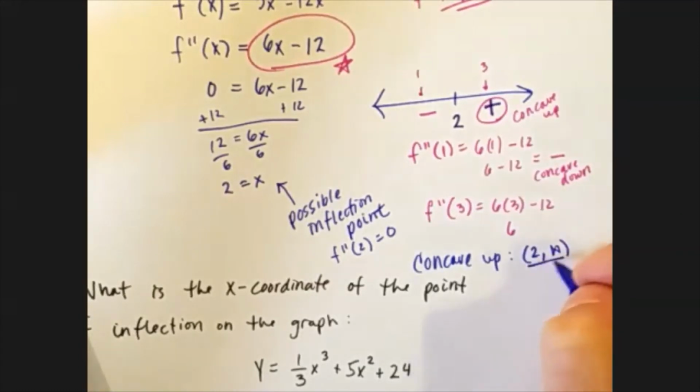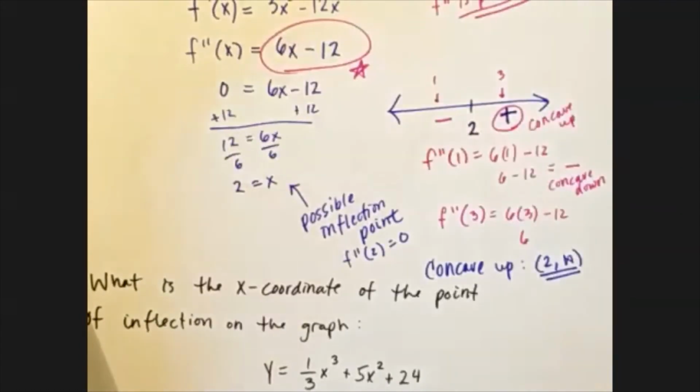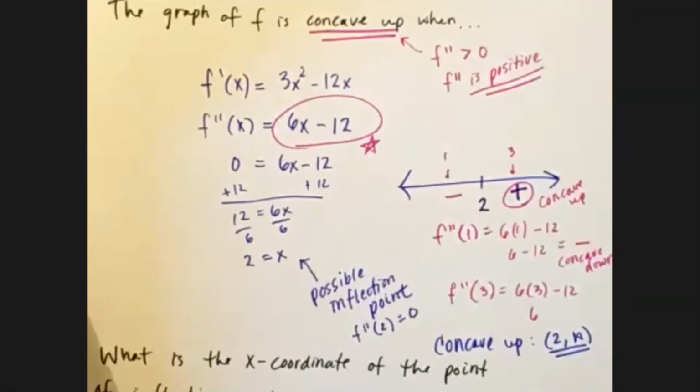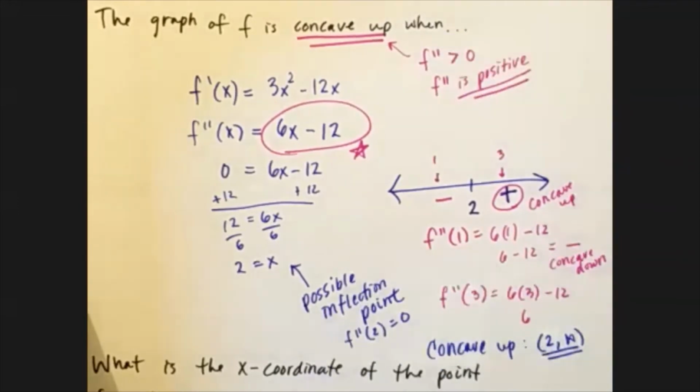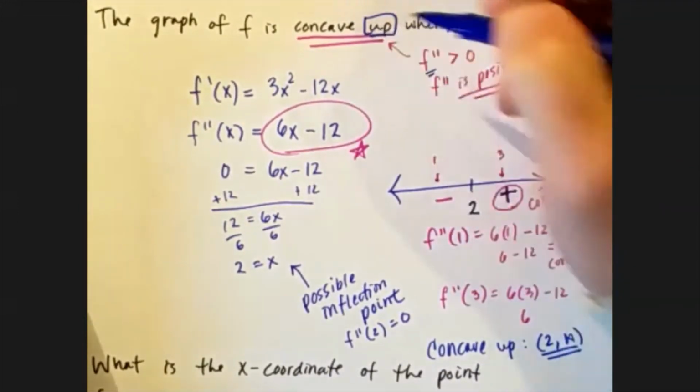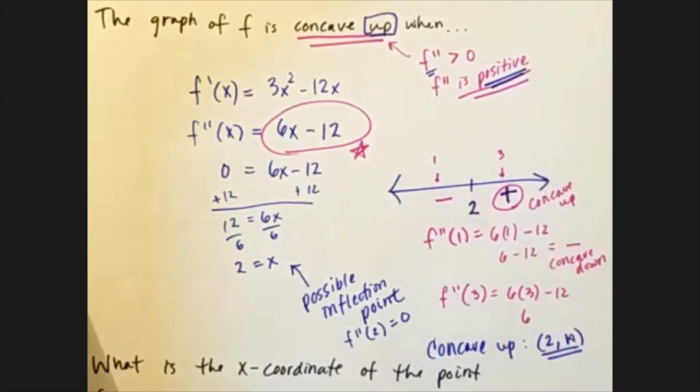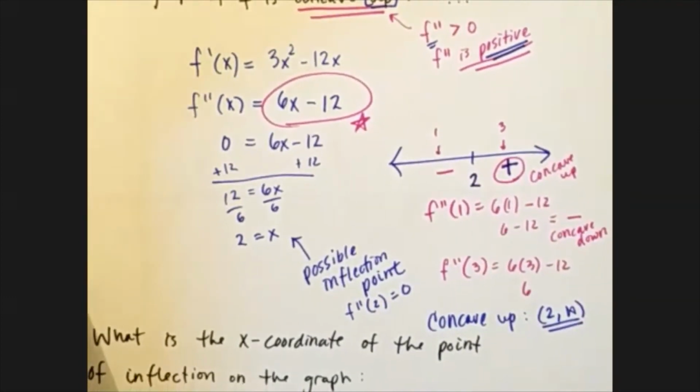So that would be our answer for that one. I would just want you to reflect on the fact that it was asking us about concavity. That told me that we needed the second derivative, and specifically concave up told me the second derivative had to be positive. Remember that this is like our living study guide. You're going to see an example similar to this tomorrow on the quiz.